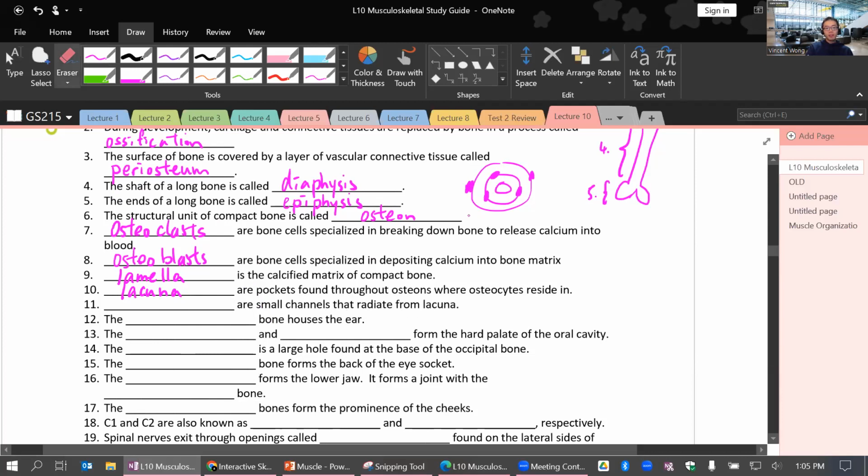Small channels radiating from a lacuna, little cracks like these, allow blood vessels to traverse through the osteon and allow the bone cells to move from one place to another. Those are called the canaliculus. Okay, sorry, plural, so it's canaliculi. This one is also plural, so we add an E.